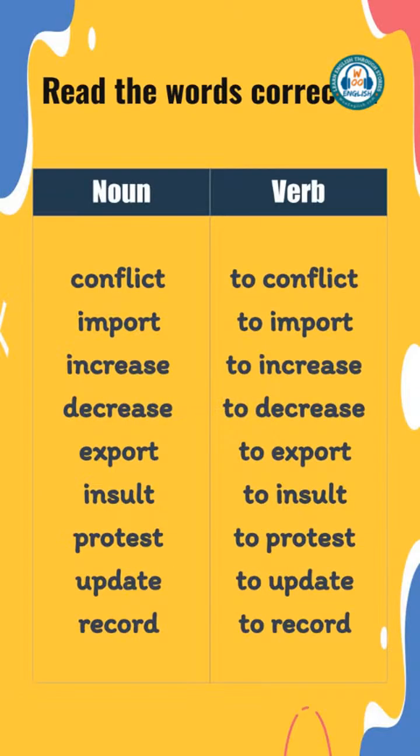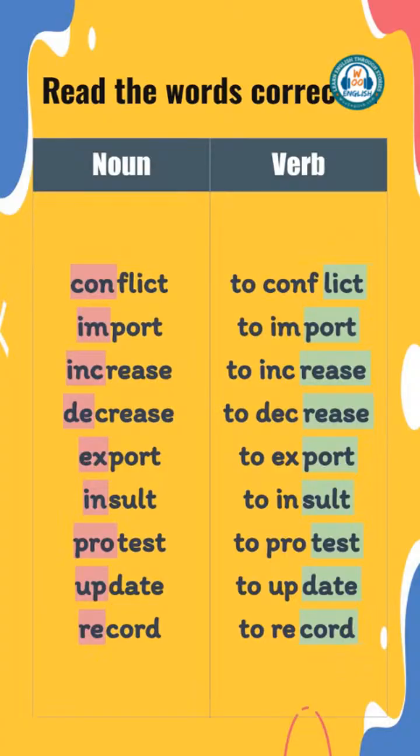So if you have taken a screenshot, let's take some examples. So these are some verbs. Of course, I'm going to move on directly to the correction. The syllables that are highlighted are the ones that you should stress. So, for example, noun conflict, verb conflict. Noun import, verb import. Noun increase, verb increase.